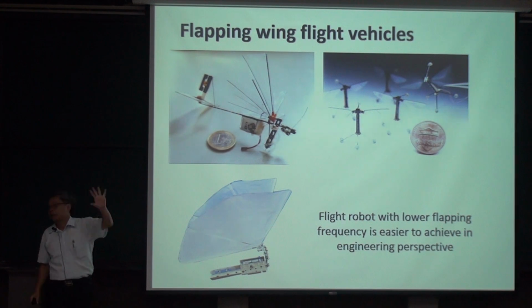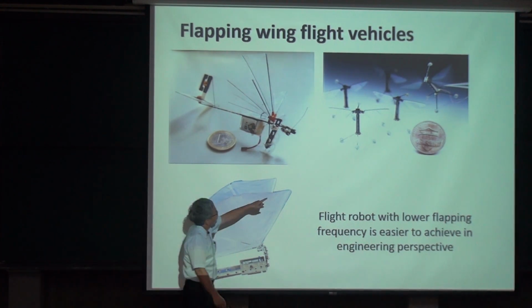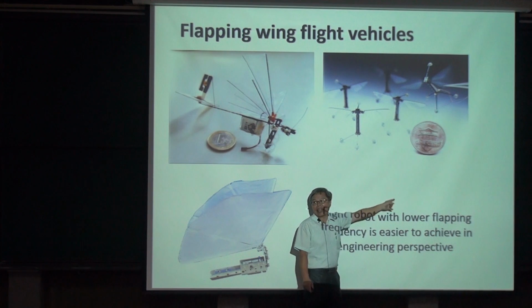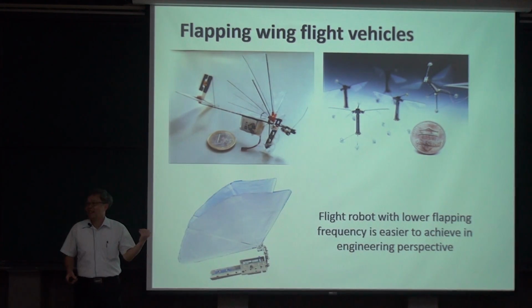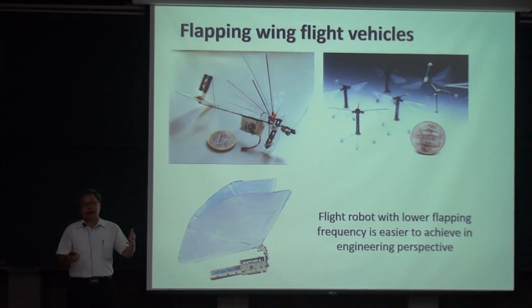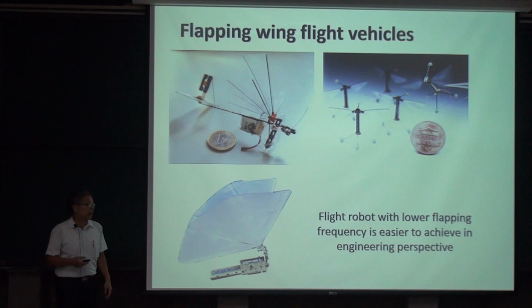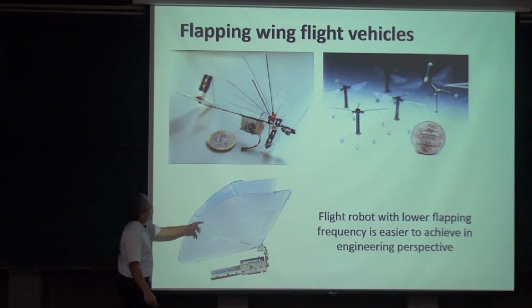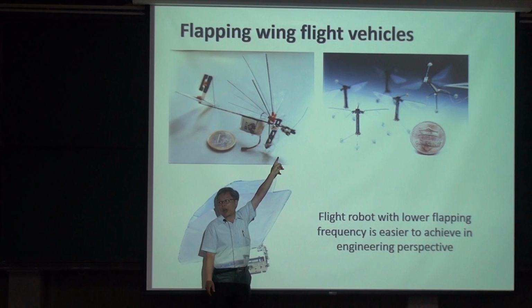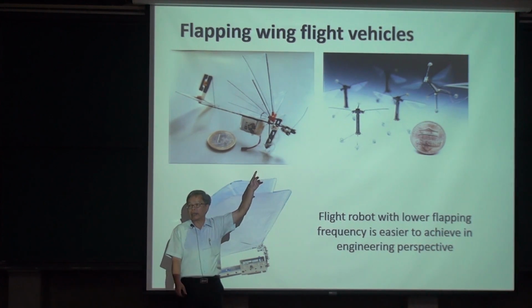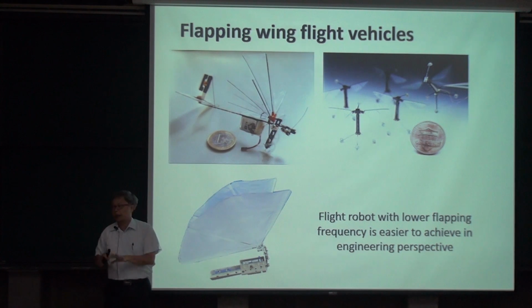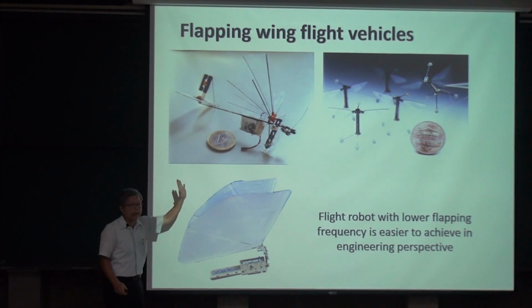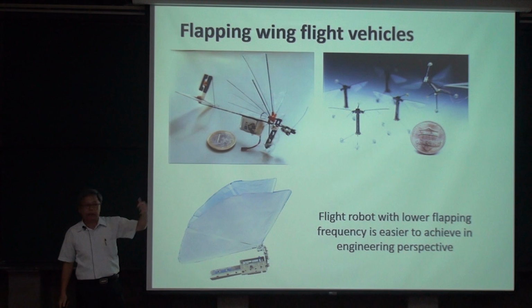It cannot fly for too long, so they all have a power line connected to the ground. But that's for now. Maybe in 2 or 3 years the battery will have a breakthrough and it will be okay. And then we install a camera on it and use RFID to transmit the image to our computer here. That's easier than the battery problem.